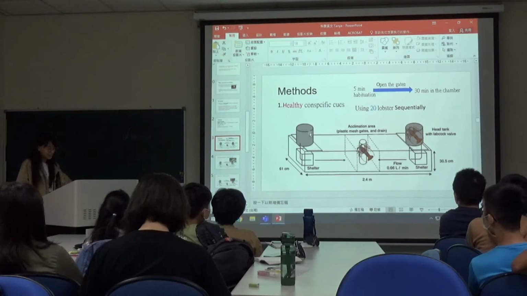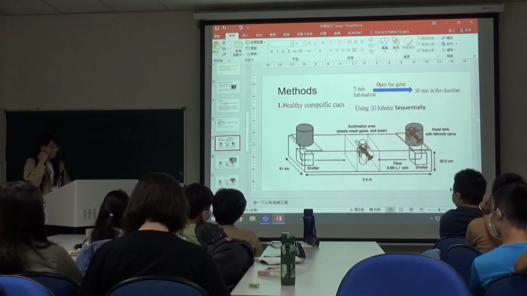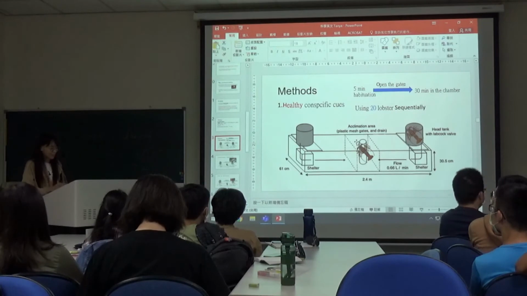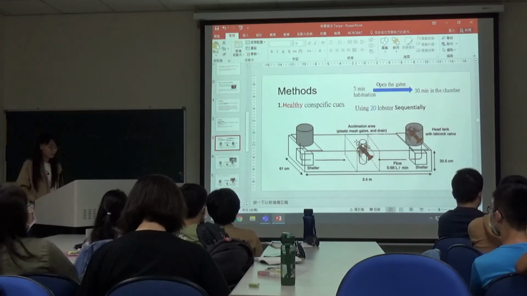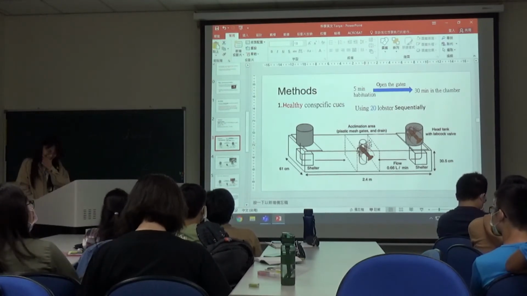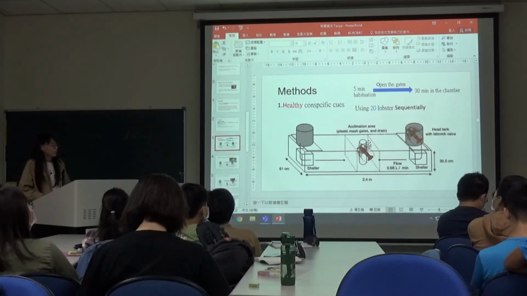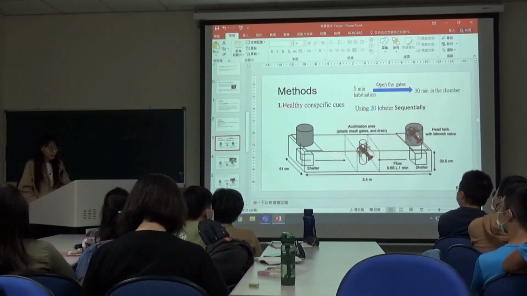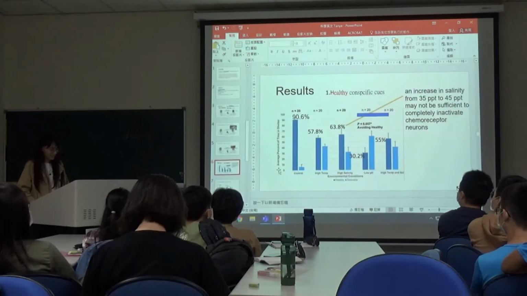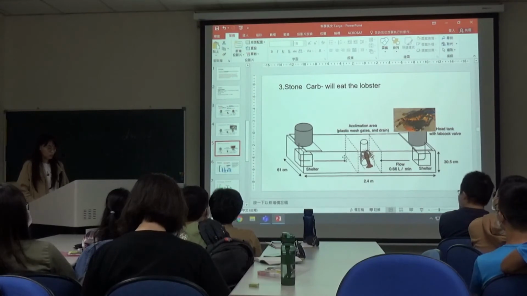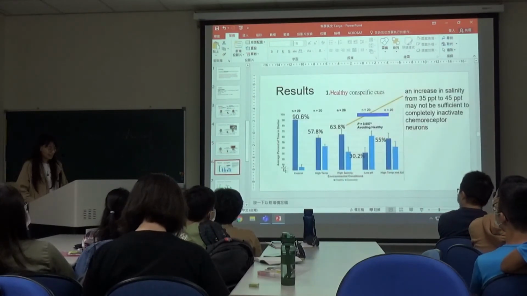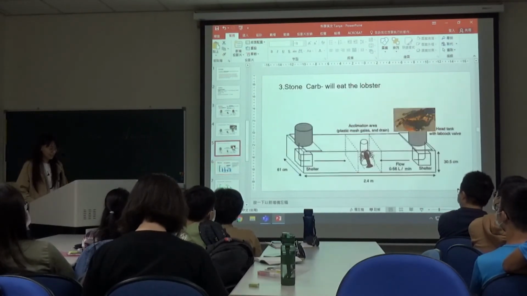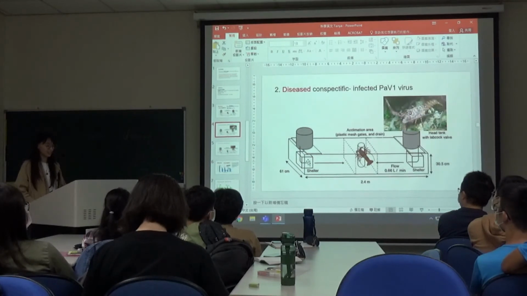So we want to know about the lobsters. One is healthy, meaning he will go to land, and the other is seawater. So there is nothing.